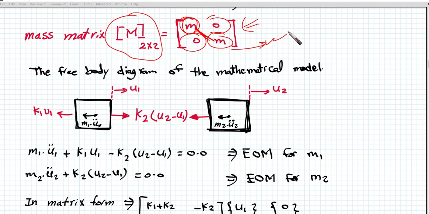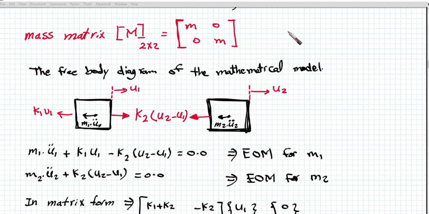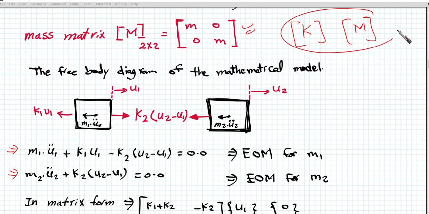Okay. Now let's go and understand more about the formulation of the equation of motion. This is only something redundant. No need for us to do this, because we have formulated the stiffness matrix in the previous slide, and we have the mass matrix as obtained here, so we can go directly and work.